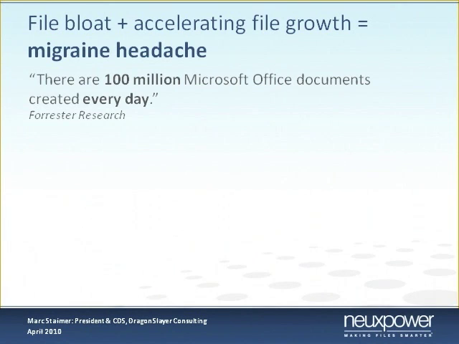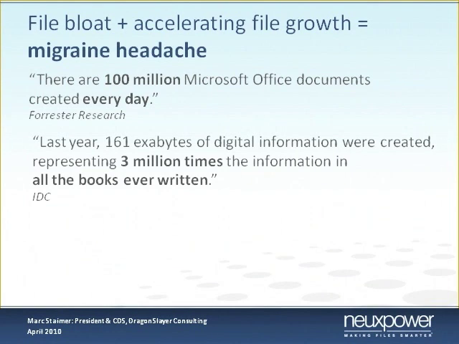IDC, Forrester, and Tenacia Group all have facts on how fast this is growing. Forrester Research says there are over 100 million Microsoft Office documents created every day, and every single one of them has file bloat. IDC says over 161 exabytes of digital information was created last year alone, and that represents 3 million times the information in all the books ever written.